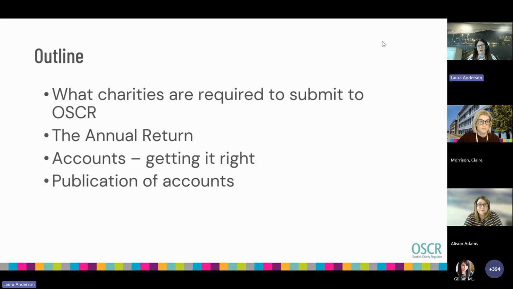Then we're going to go on and cover the requirements for a set of receipts and payments accounts in particular, and how to ensure that these are correct before you try and file them with us. We're then going to round off with talking about future publication of accounts and key areas for you to consider in preparation for that change, which is coming up very soon indeed.